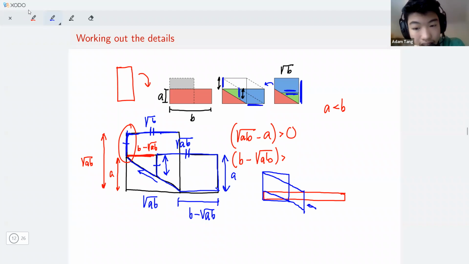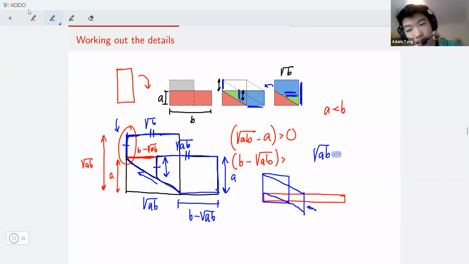We can work out the conditions for which this happens. It's when this length here, which was root AB minus A, is greater than the remaining length, which we can look at here.